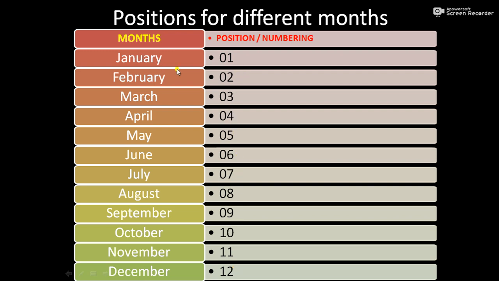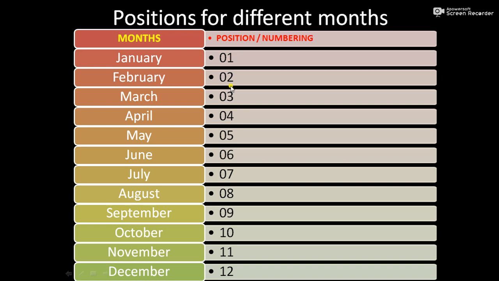For January we give position 1, for February position 2, for March position 3, for April position 4, for May position 5, for June position 6, for July position 7, for August position 8, for September position 9, for October position 10, for November position 11, for December position 12.